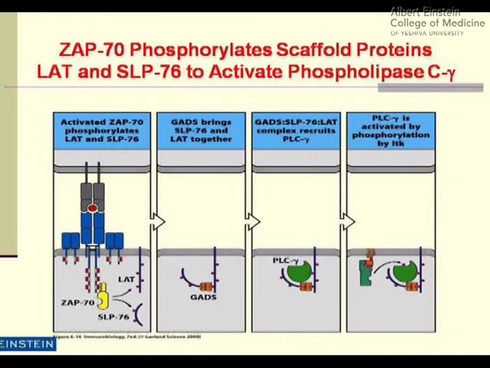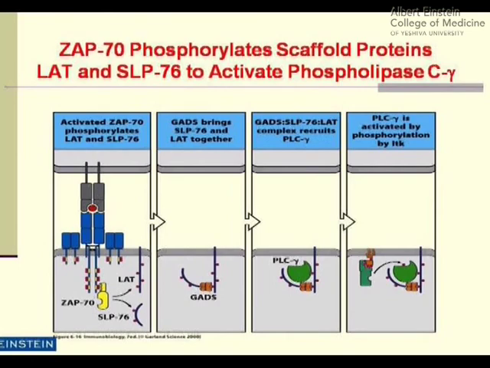So the way ZAP70 is going to get activated, it gets recruited into this high kinase domain location, then it itself gets phosphorylated, and now ZAP70 gets turned on. Once ZAP70 gets turned on, it now starts being very active. It phosphorylates all these scaffold proteins, which before they got phosphorylated, before they got World Cup tickets, no proteins wanted to bind to. Now they have World Cup tickets.